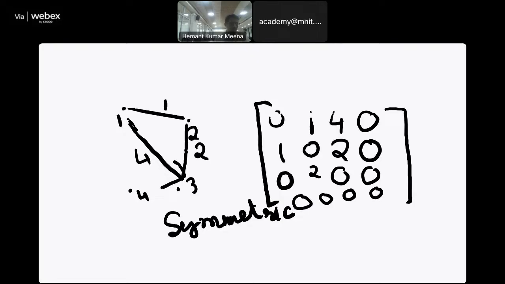So what we have understood is basically the representation of the graph signal. What does a graph signal consist of? It consists of vertices, and the edges which connect the nodes, and the weight, which tells about the strength of the edge.